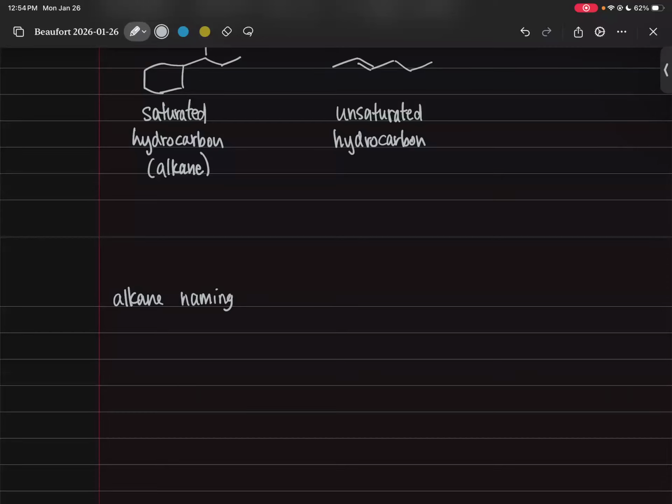And the naming really of all chemicals, but in our case, alkanes, is standardized by the International Union of Pure and Applied Chemistry, IUPAC. And these are very systematic names. They're systematically generated. And so we're going to learn how to do that.